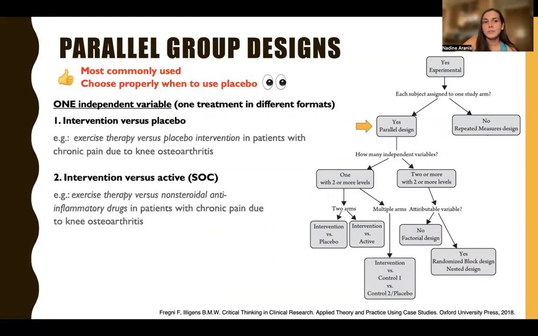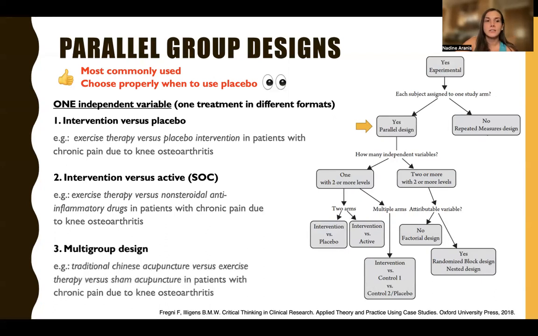The second option could be comparing intervention versus an active agent, which is usually the standard of care, for example, exercise therapy versus a non-steroidal anti-inflammatory drug for the same population. Or making a multi-group design, which is comparing an intervention versus a control 1 or a control 2, which could be a placebo.